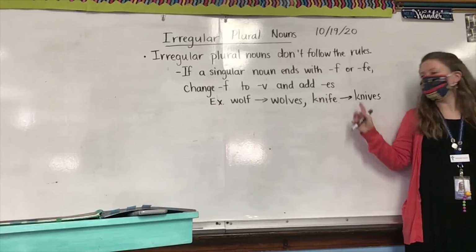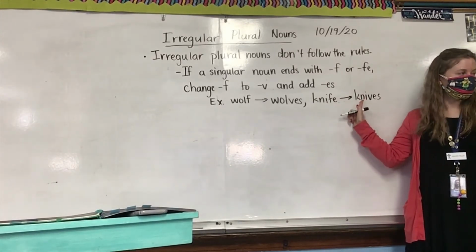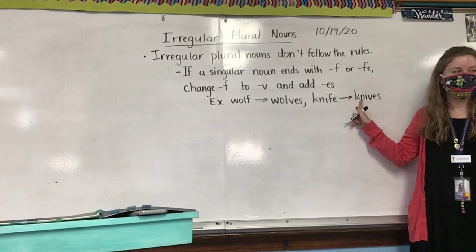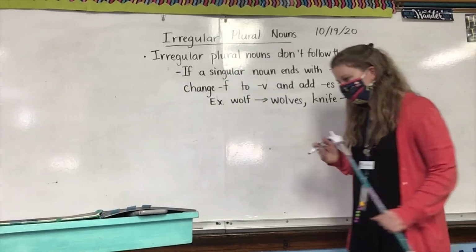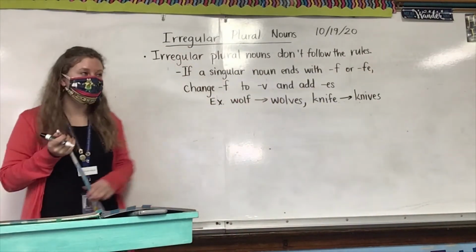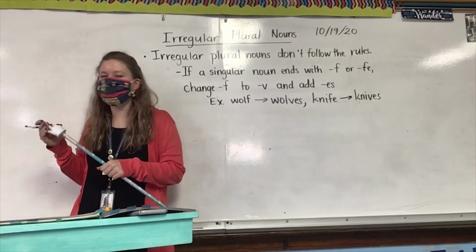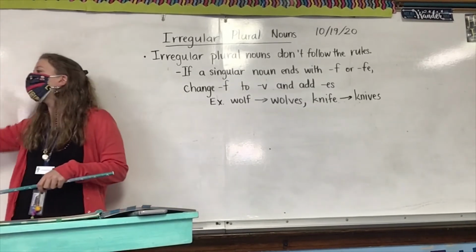Because we don't say there are 4 knifes in our kitchen drawer. We say there are 4 knives in our kitchen drawer. In the video, they use the word leaf. We don't say, oh, look at all the leafs falling. We say, look at the leaves falling.